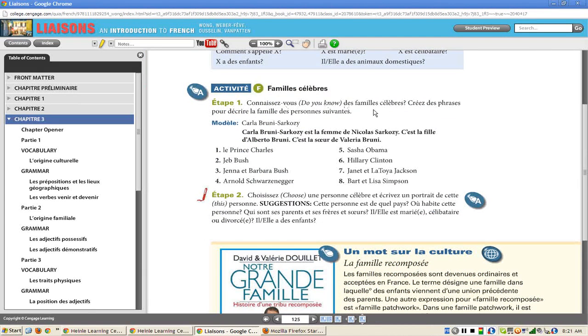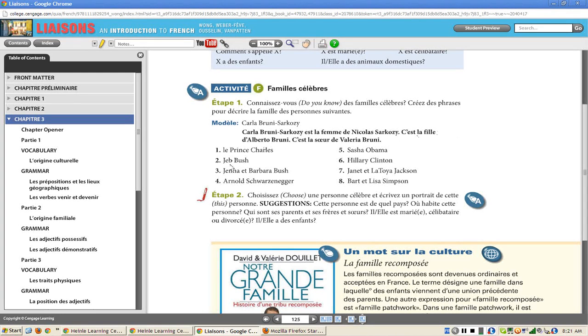Connaissez-vous des familles célèbres? Créez des phrases pour décrire la famille des personnes suivantes. So, some of these people you may not recognize. Google them. Carla Bruni Sarkozy est la femme de Nicolas Sarkozy. C'est la fille d'Alberto Bruni. Et c'est la sœur de Valérie Bruni. I believe she actually has a hyphenated name. Bruni Tedeschi is the sister.